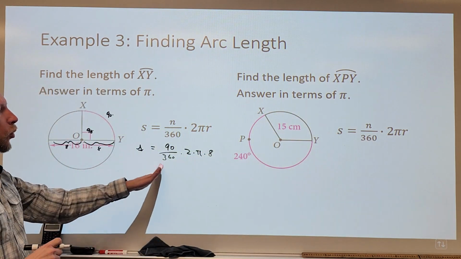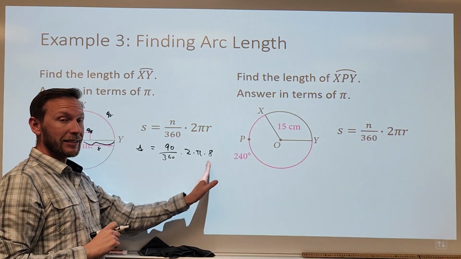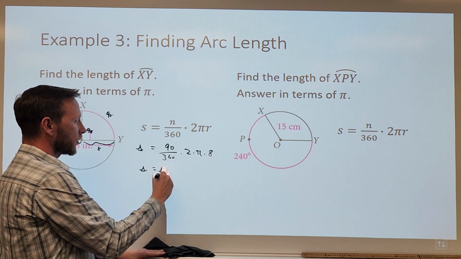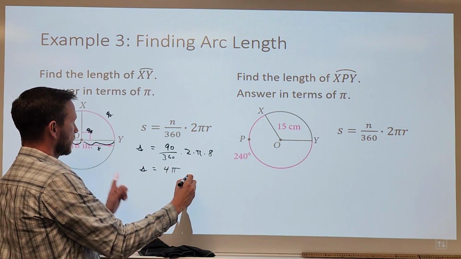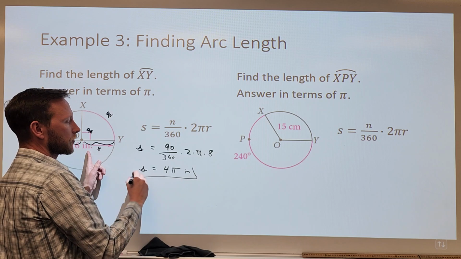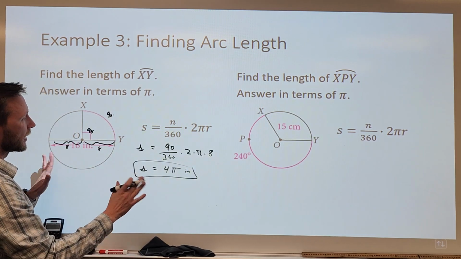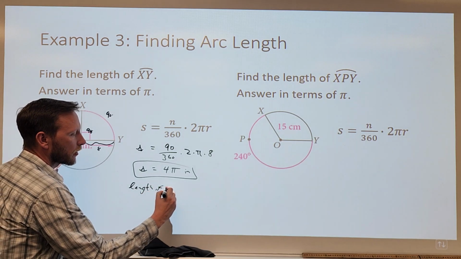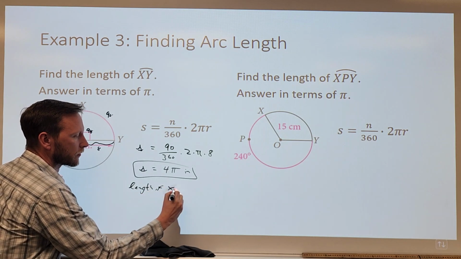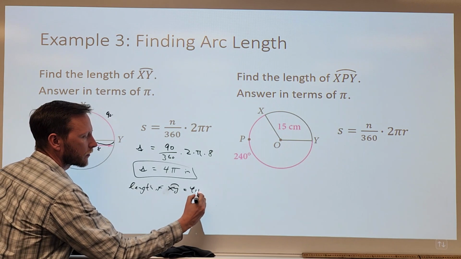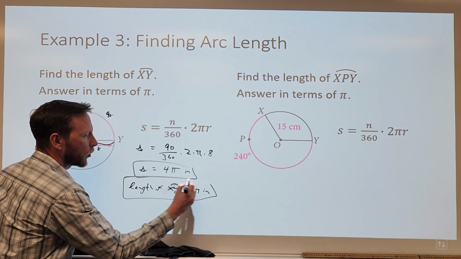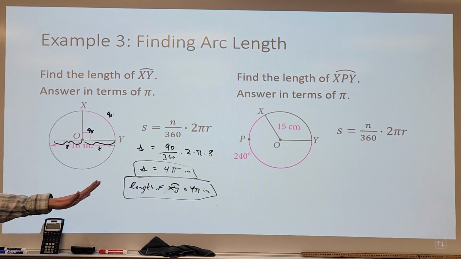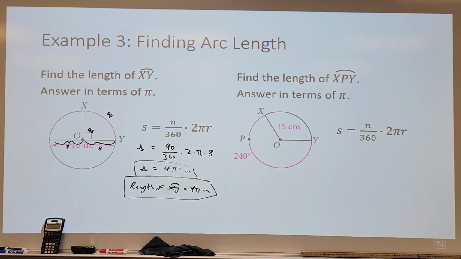So we're going to do 1/4 of 16 pi, which is going to give us 4 pi, and then we're going to use our units, inches. That is the length of arc XY. If you want to use S for that, that's fine. If you don't want to use S for that, then we can write out the length of arc XY.